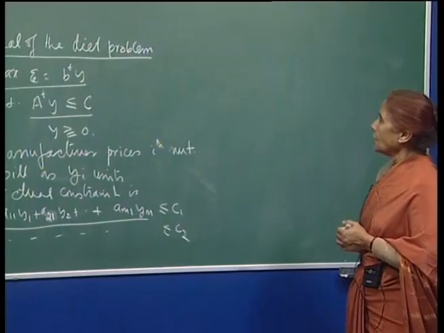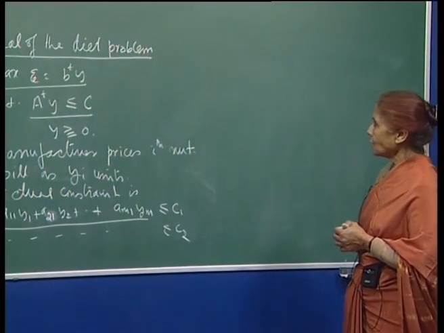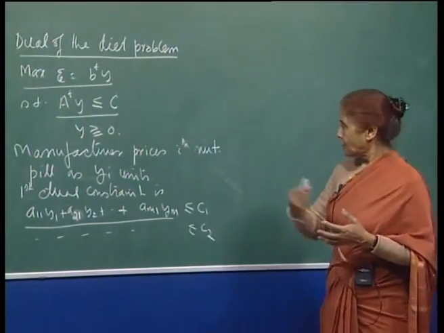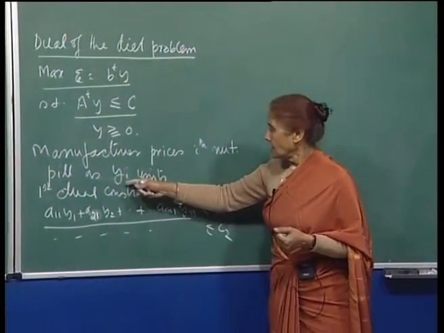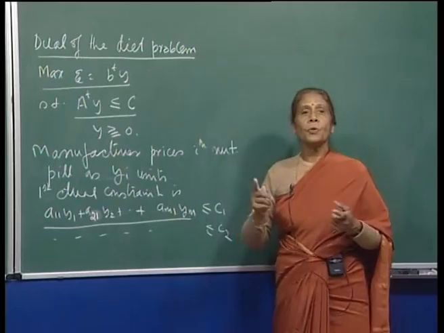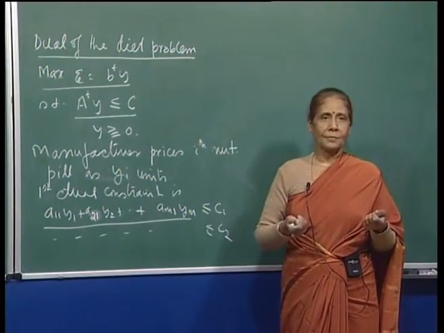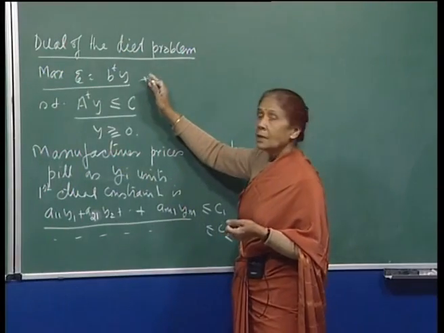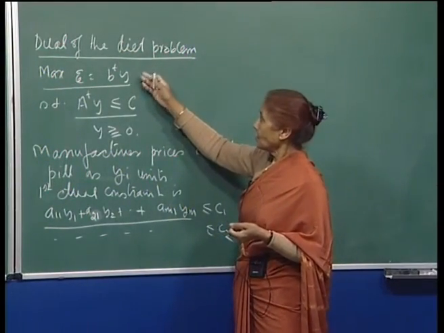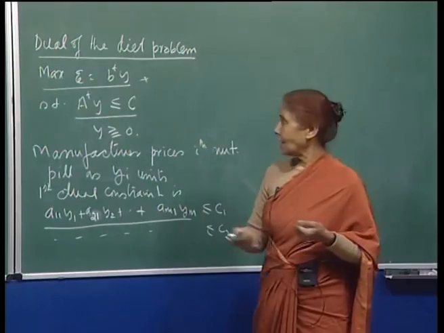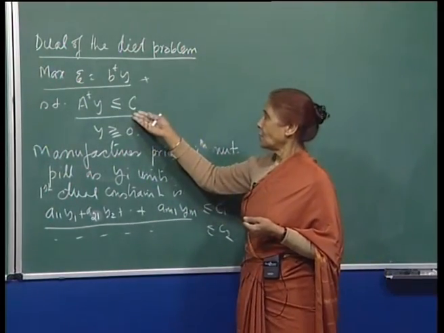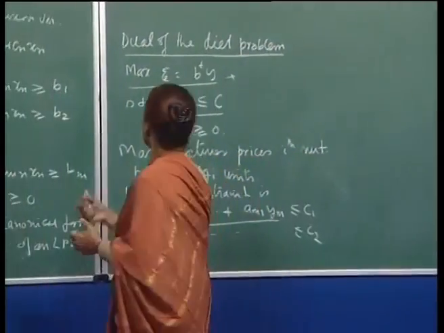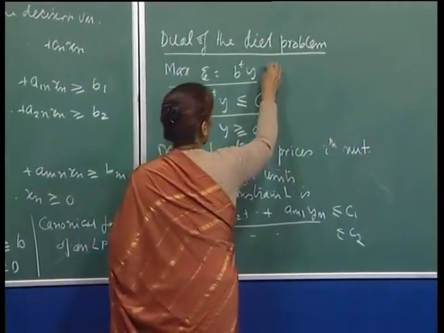And then of course, the manufacturer also has to know what would be the prices for these different nutrients, so that his proposal to the housewife becomes attractive. But he would want to maximize his pricing, because he wants to maximize his gain subject to this constraint; the moment he violates this, his proposal is not attractive. Okay. So, this is the dual problem.